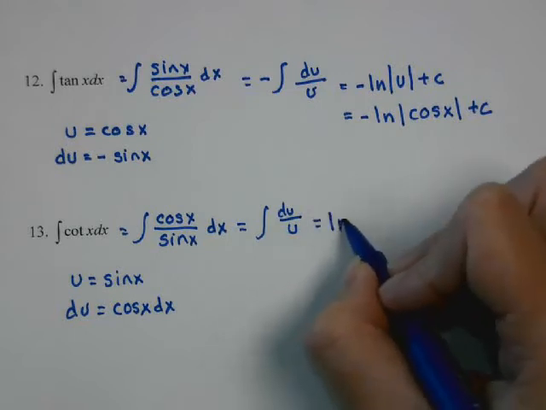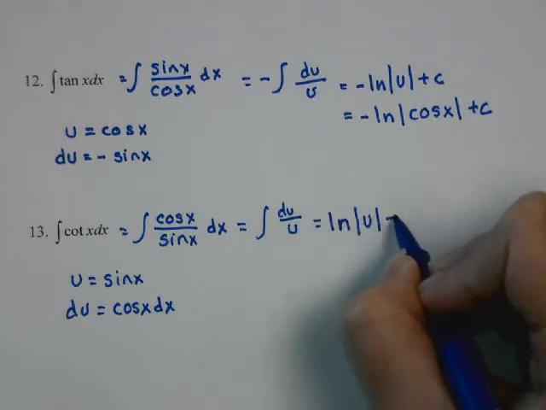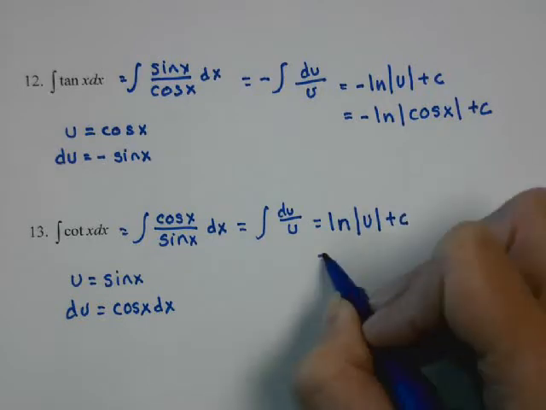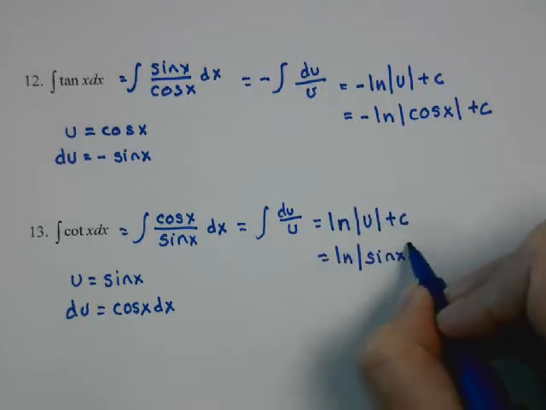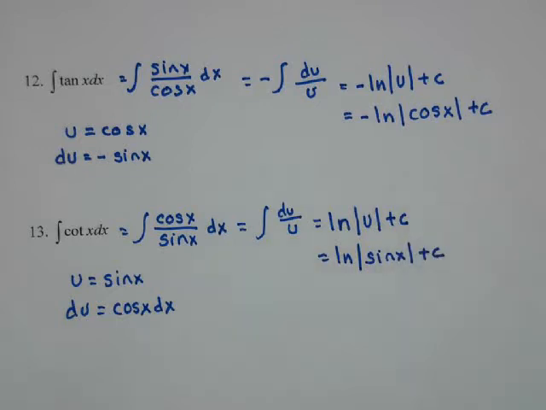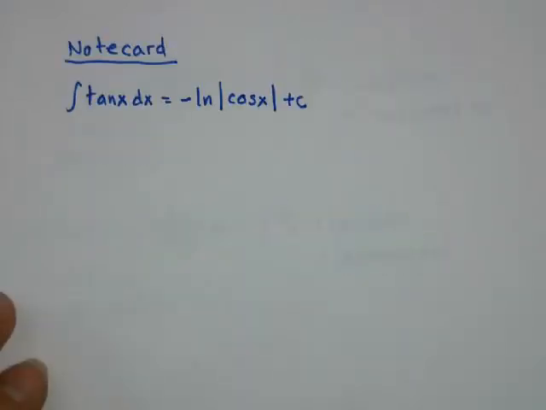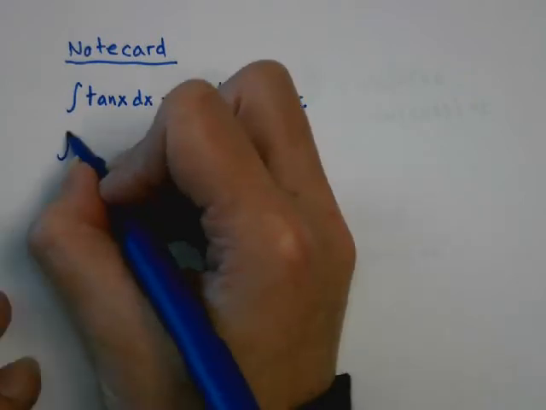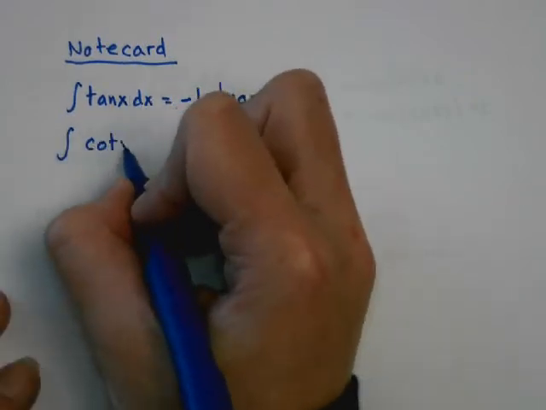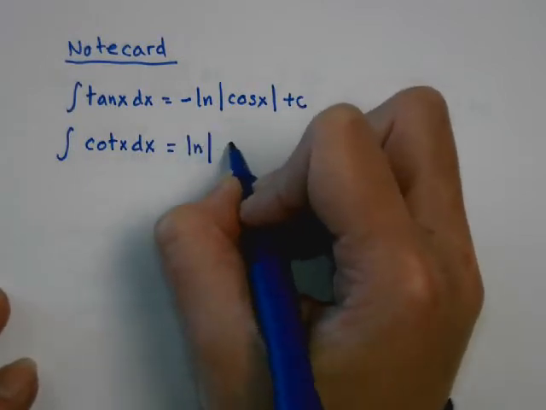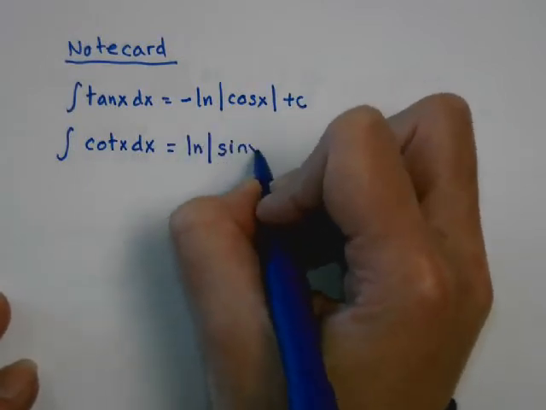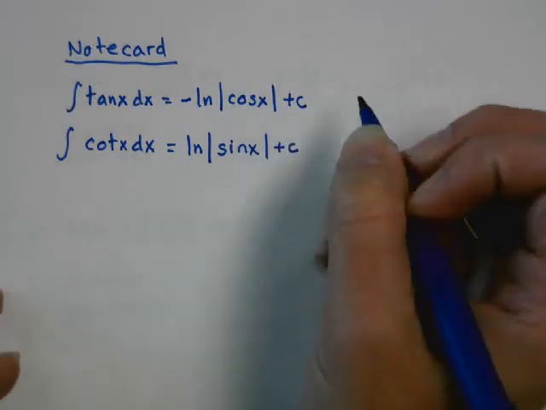This will be the natural log, absolute value of u, which is the natural log of sine of x. So this is another one we need to know. The integral of cotangent of x dx is positive natural log absolute value of sine of x plus c.